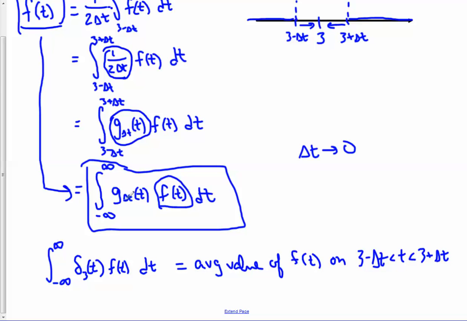But in changing the g to the delta, that delta t got smaller and smaller and went to 0. So this goes to 0 and this goes to 0.